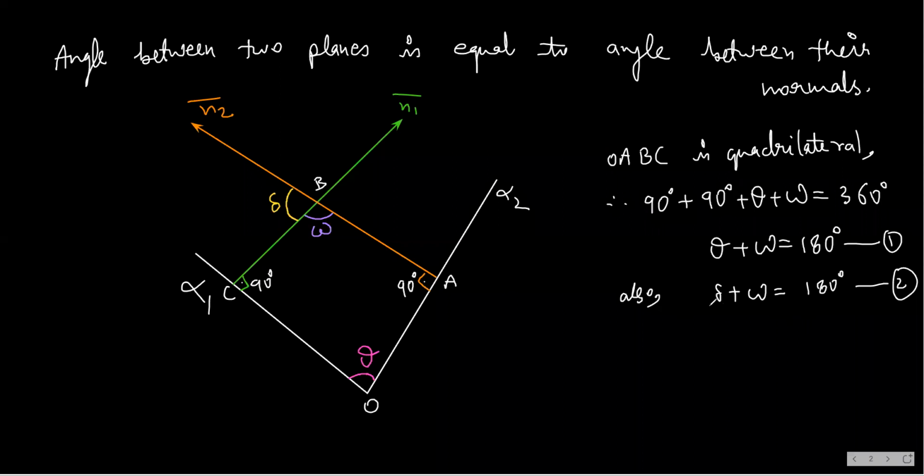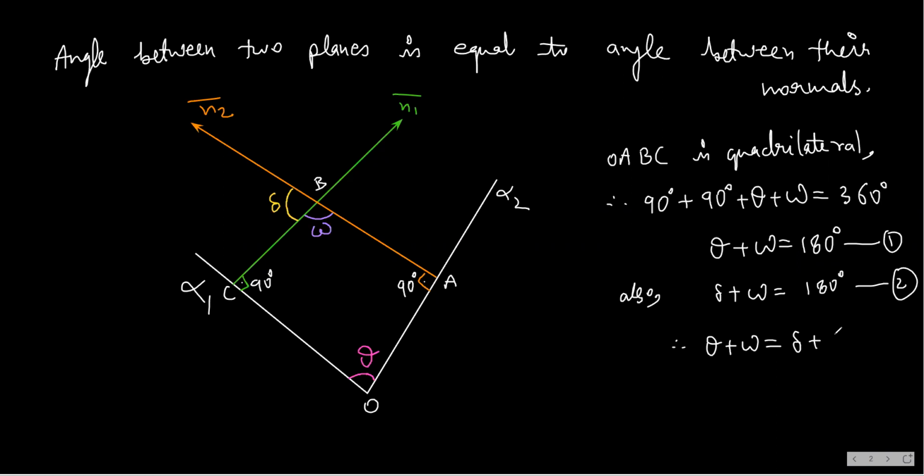Now from 1 and 2, what you see, students, is that theta plus omega is 180 degree, delta plus omega is also 180 degree. If the RHS are equal, obviously the LHS have to be equal. Therefore, from 1 and 2, you can say theta plus omega is equal to delta plus omega. Now, can I cancel this omega?